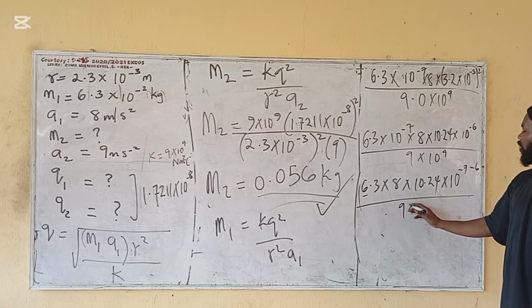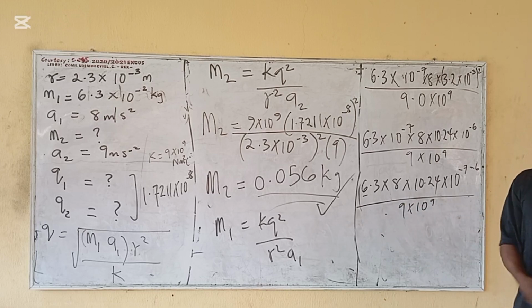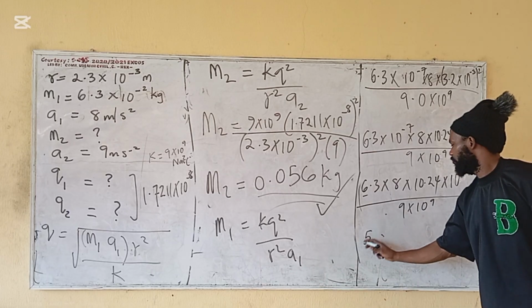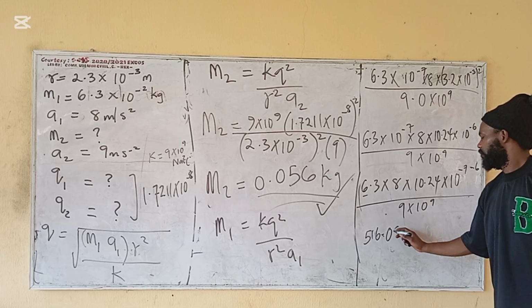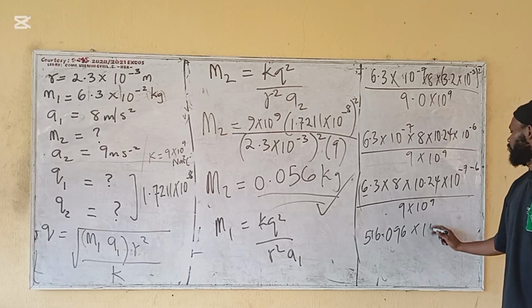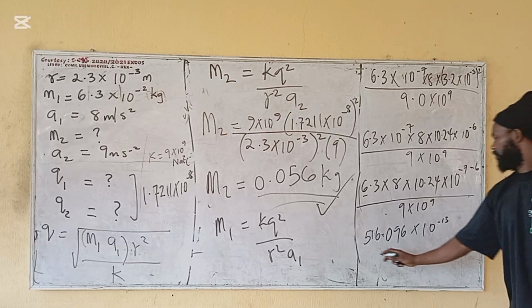Don't worry, I'm taking it one at a time. Remember, the goal is to not get confused and make mistakes. Just punch for me 6.3 times 8 times 10.24. That is 516.096, times 10 raised to the power minus 13.